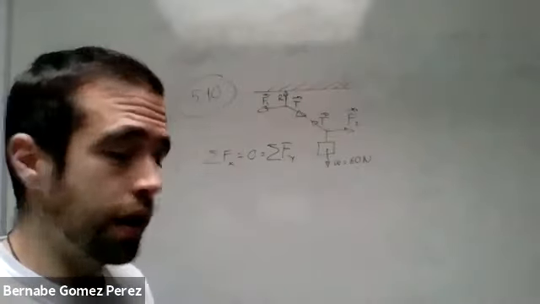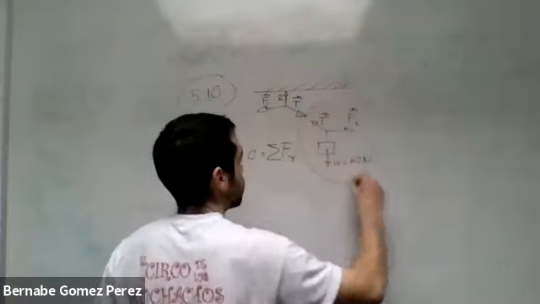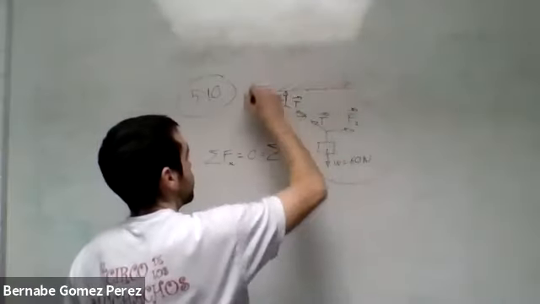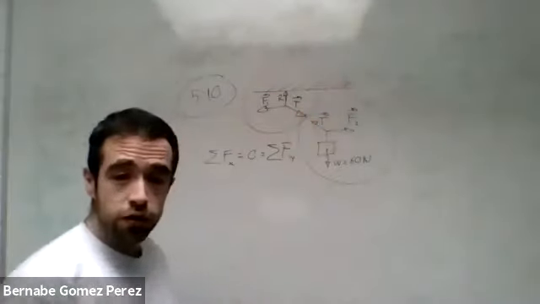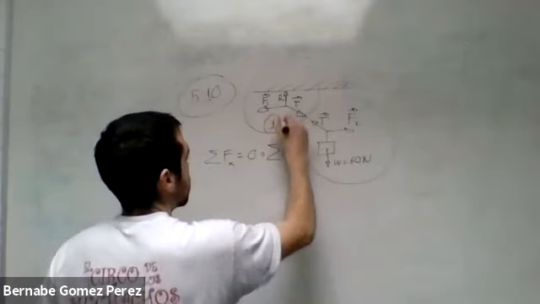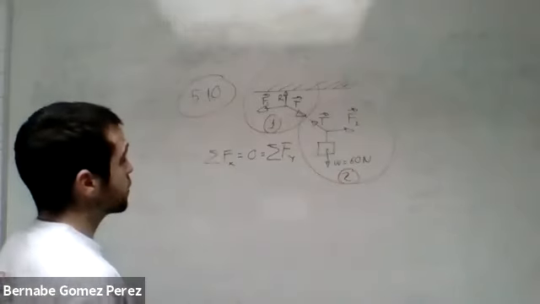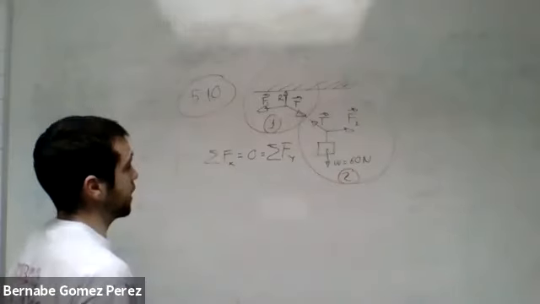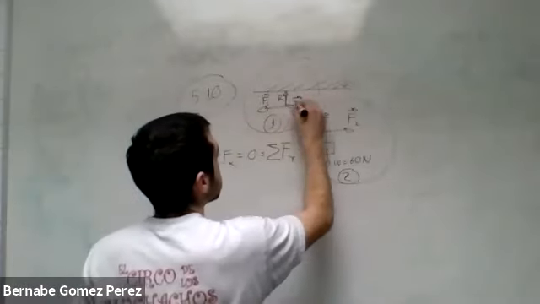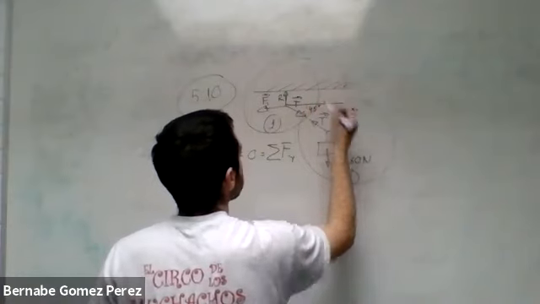Well, I can divide this problem, and I can try to get some equations from here and from here. So let's call this 1, and this is going to be 2. So let's try to build some equations, okay? Also, we need angles, 45, okay? So this angle is 45 degrees.